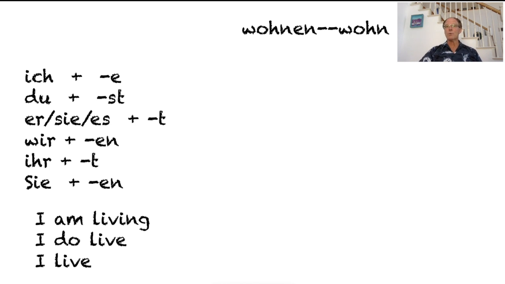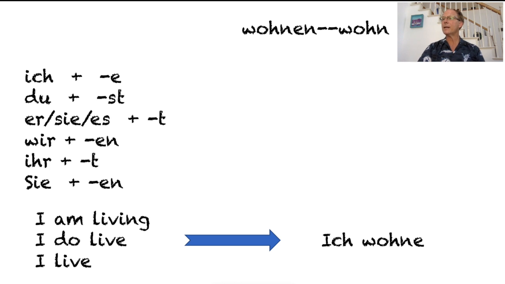So, once again, if you want to say, I am living, I do live, or I live, the only way to say that in German is ich wohne. Now, you'll notice that I just add the E ending to the end of the verb stem. If you want to say, you are living, or you live, it's du wohnst.